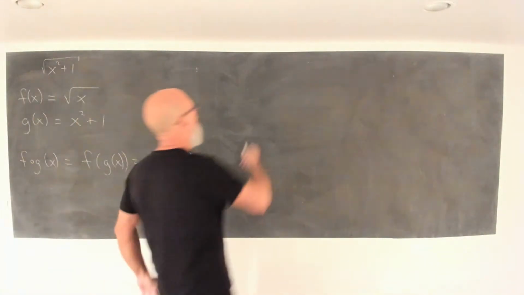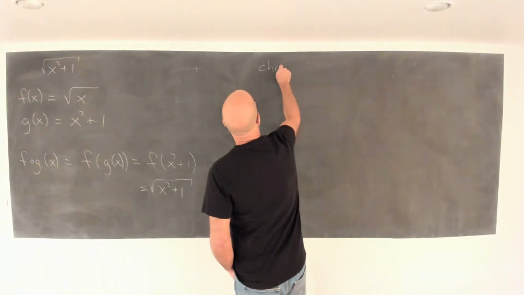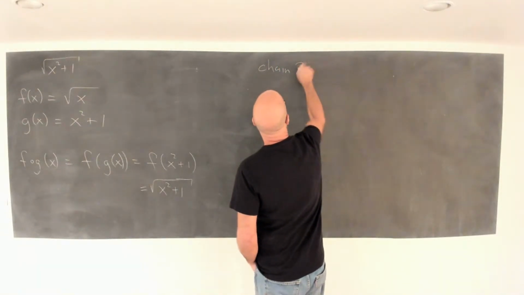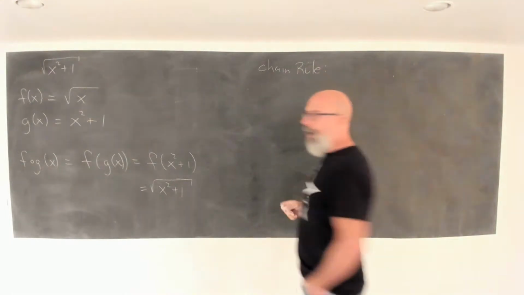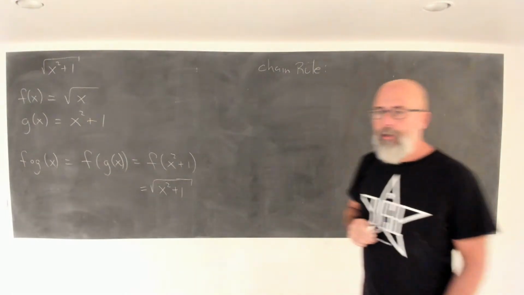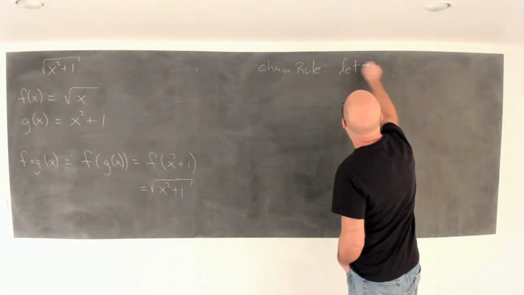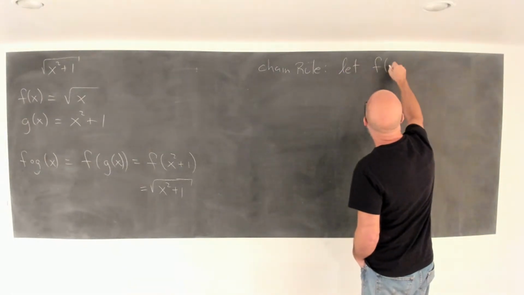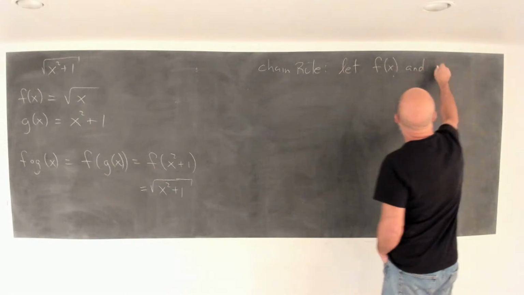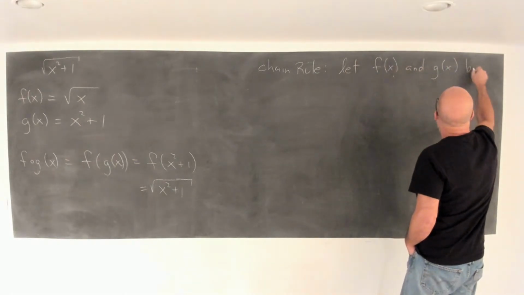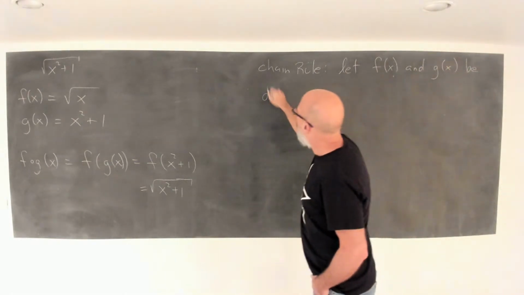The chain rule tells you how to differentiate a composition of functions. Let f and g be differentiable.